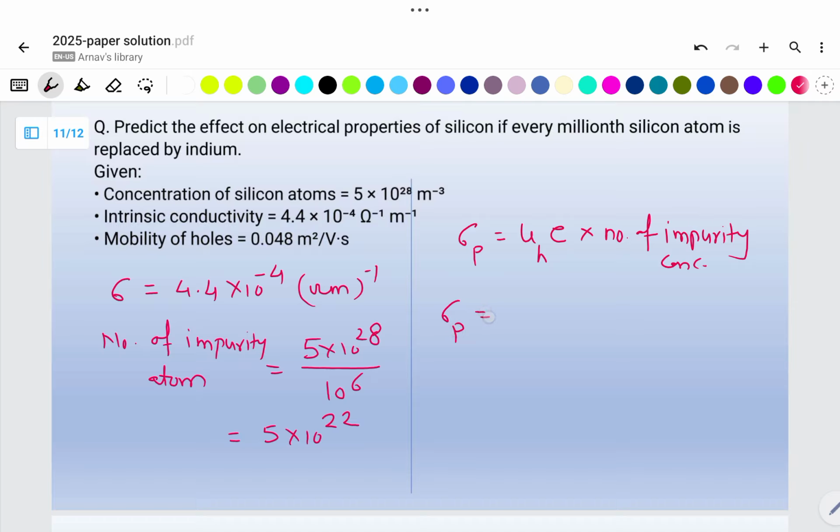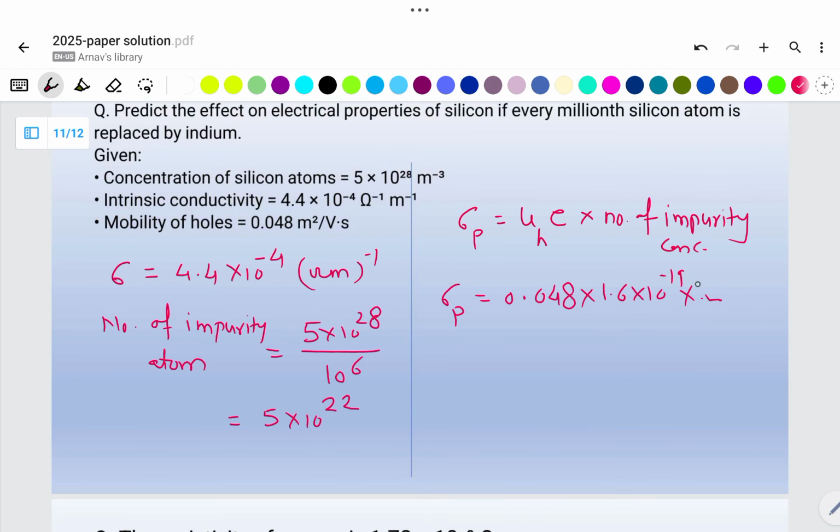So the conductivity now, mobility of hole is given 0.048 and the charge is 1.6 into 10 to minus 19 into 5 into 10 to power 22. So the conductivity when we calculate comes to be very large, 384 ohm meter inverse.